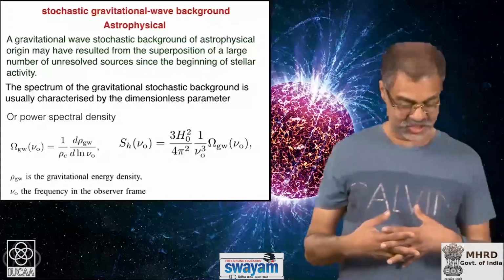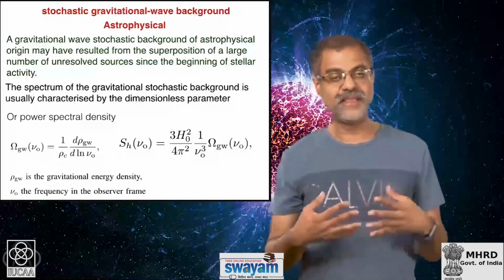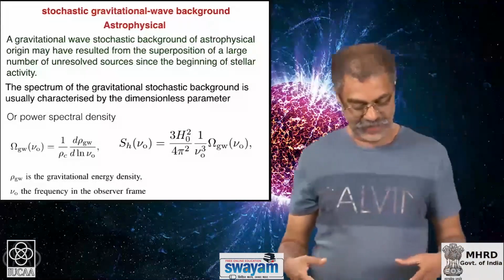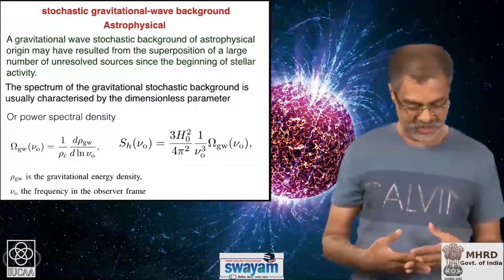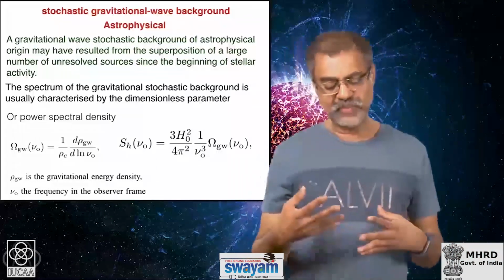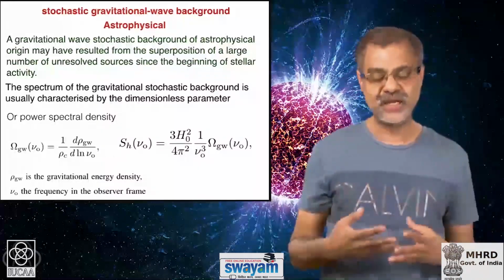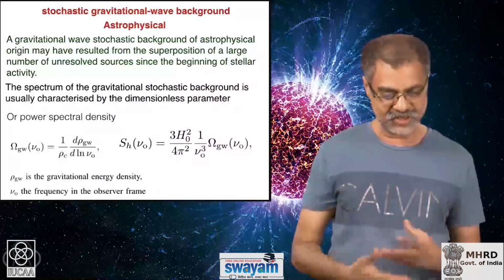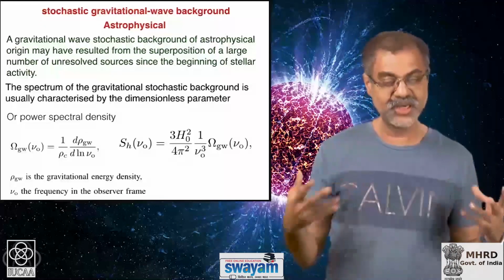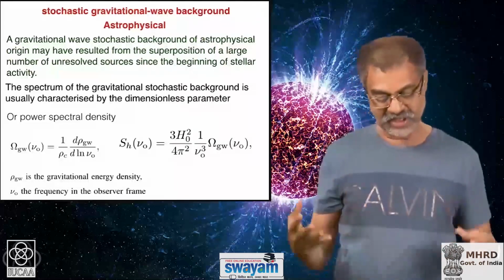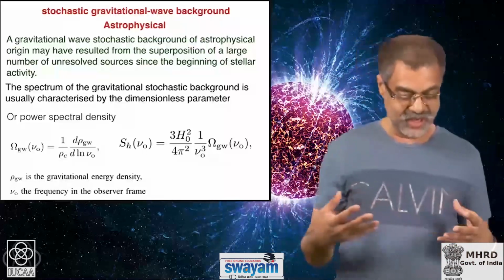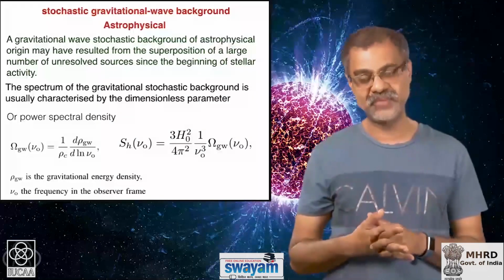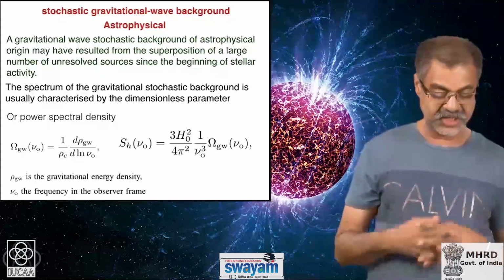The more interesting source would be a cosmological stochastic background. Like in the early universe, as told earlier, there could be many energetic events which would be leading to high velocity motion, large masses moving. If there is no specific pattern in the motion involved, then you could have a stochastic gravitational wave background generated in the early universe.